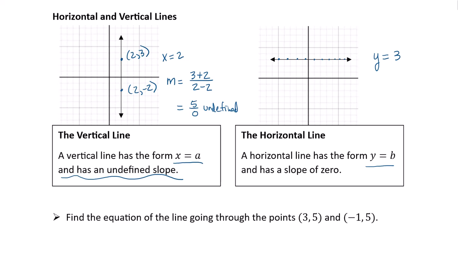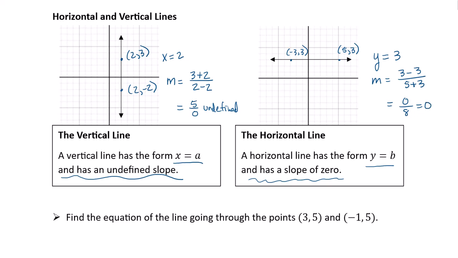This says that the horizontal line always has a slope of 0. Again, we can verify that. Let's say we use this point of -3, 3, and 5, 3. And the slope is 3 minus 3 over 5 minus -3, giving me a 0 over 8, which is 0.